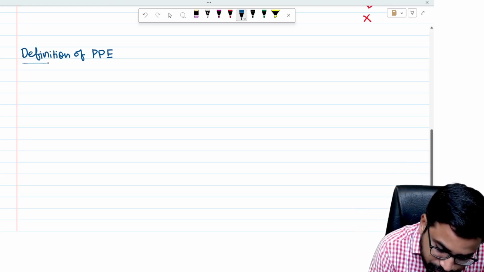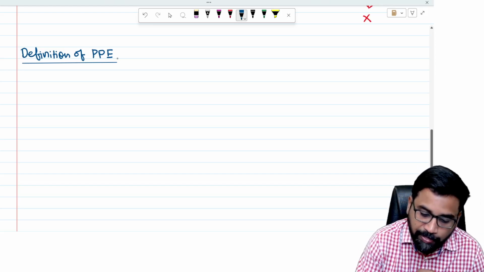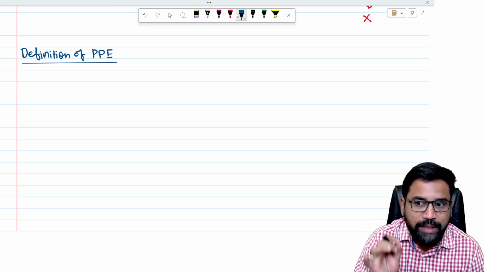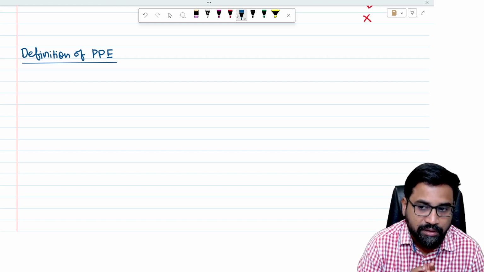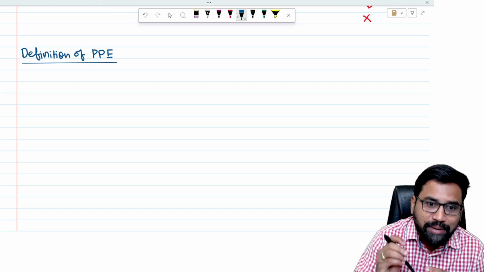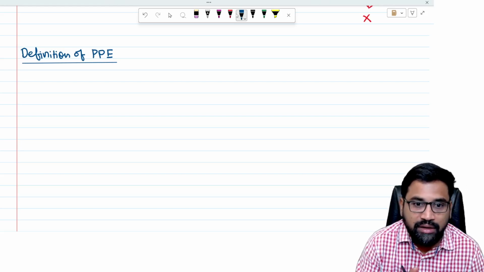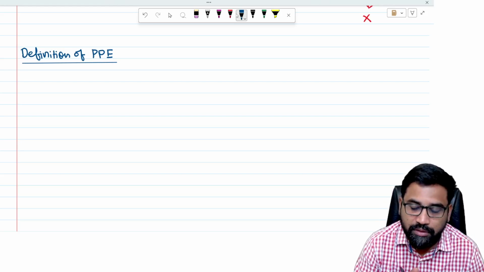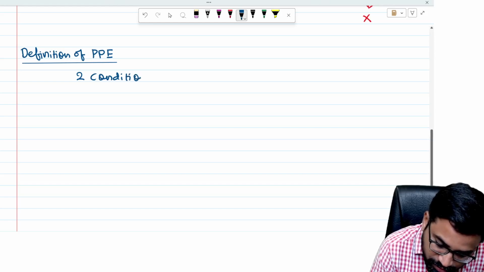Now let me first discuss the definition of PPE. IND AS 16 says PPE is a tangible asset. Property, plant, equipment are tangible assets which satisfy two conditions to become PPE. There are two important conditions.